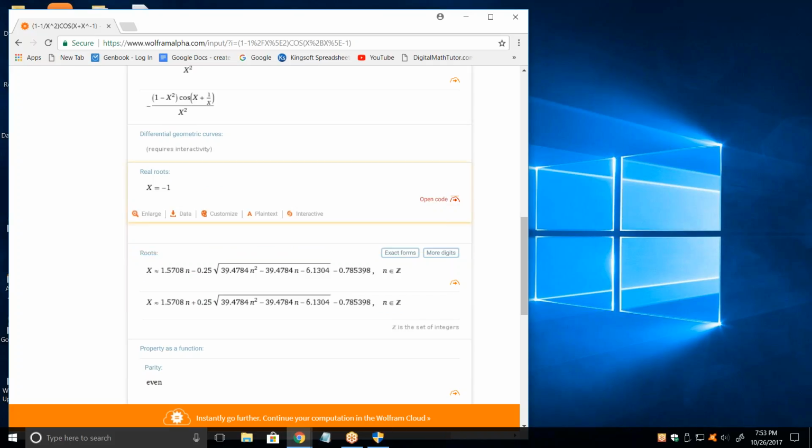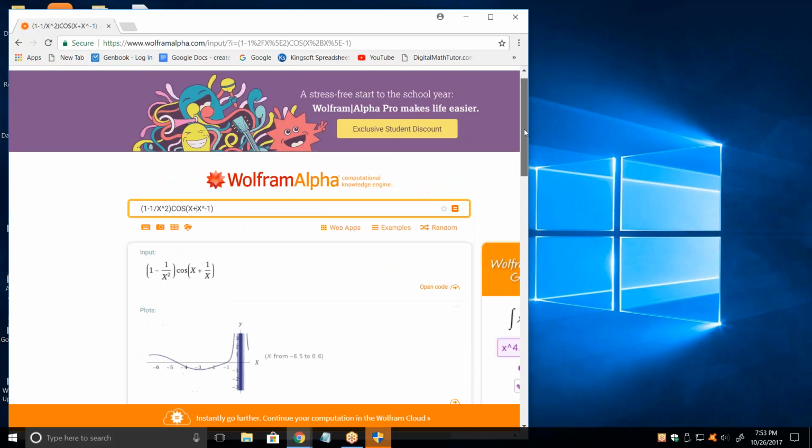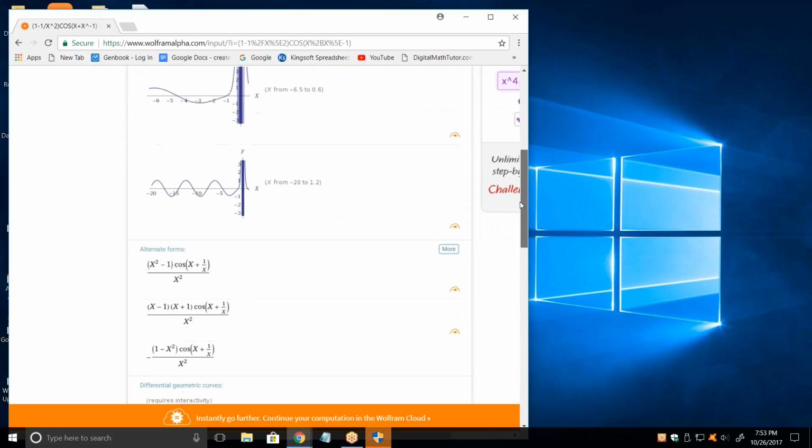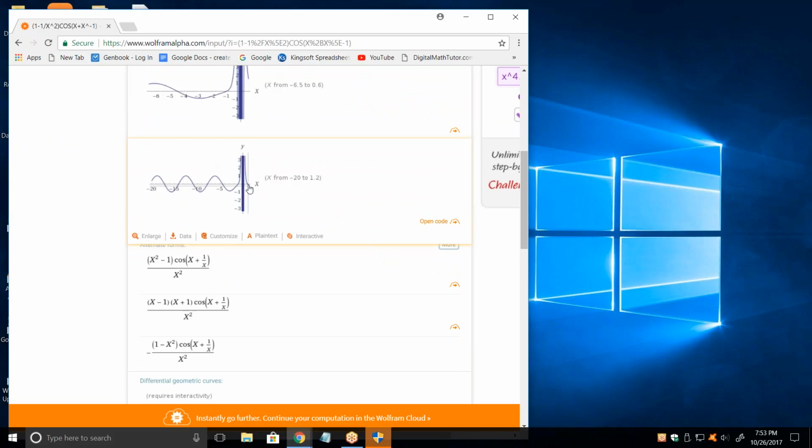So when x equals 1, the second derivative is 0. That's not what we want. But if we look at the curve, it's negative starting from there.